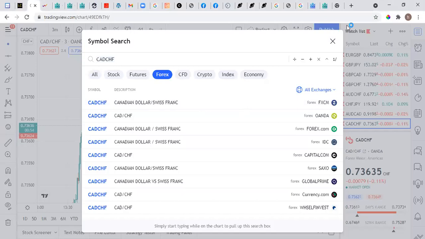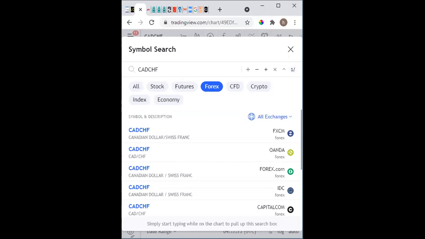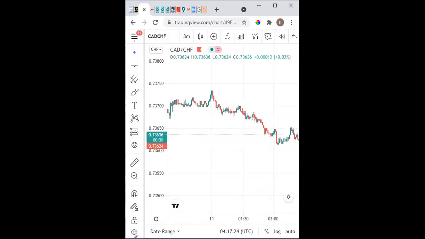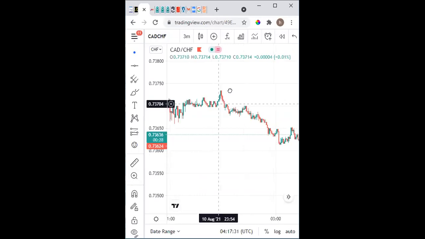Just imagine I'm using a phone. See how this thing is going to look. So this is like a phone view.